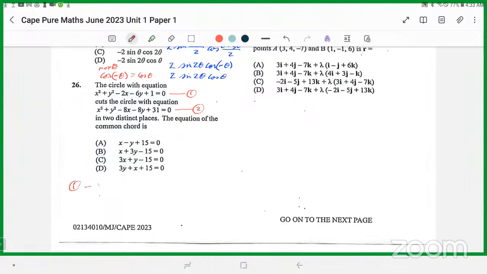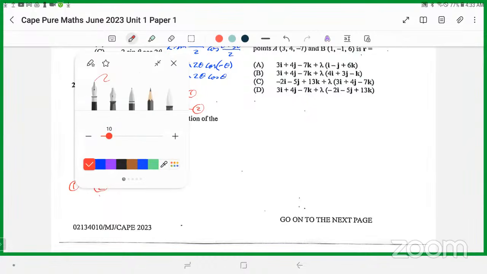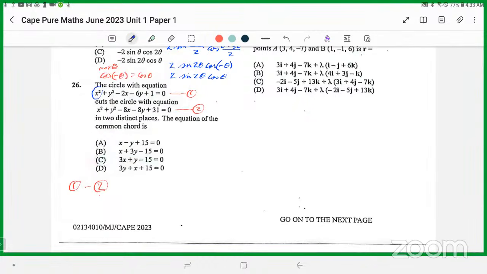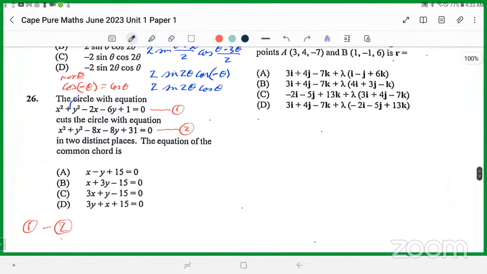First thing, the x squared will eliminate the x squared. And the y squared will eliminate the y squared. Then we're doing minus 2x minus a negative 8x. That becomes minus 2x plus 8x. So that's 6x.